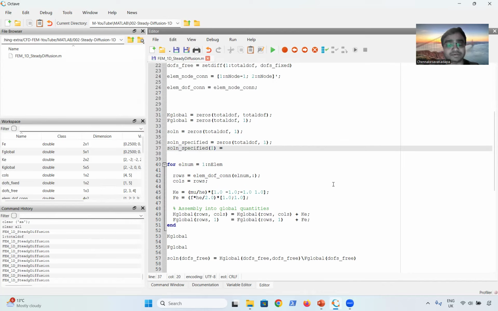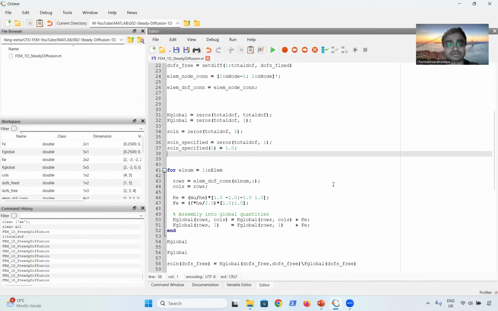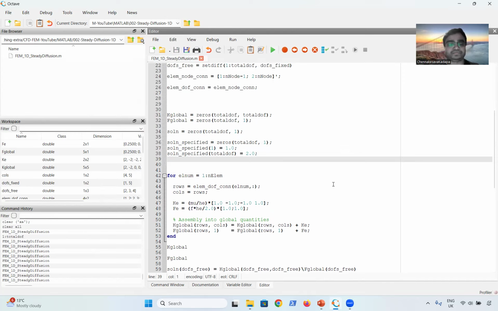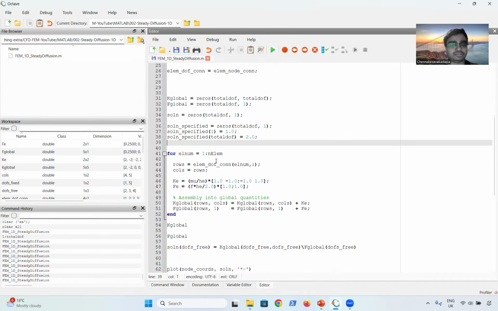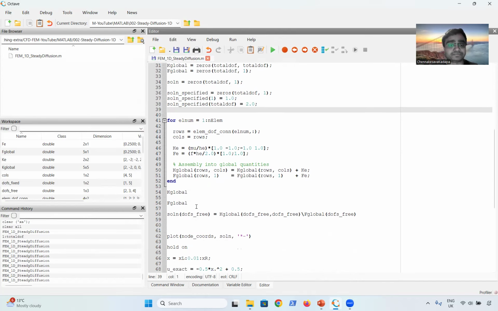For the first degree of freedom, the value is 1, and for the last degree of freedom, which is total DOF, the value is 2. Then our loop over elements, calculating the element stiffness matrix and assembling the element stiffness and element force vector into global quantities, remains exactly the same.